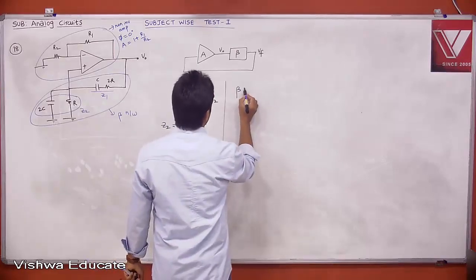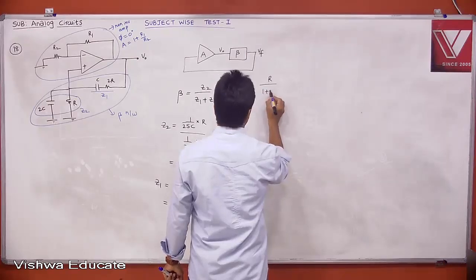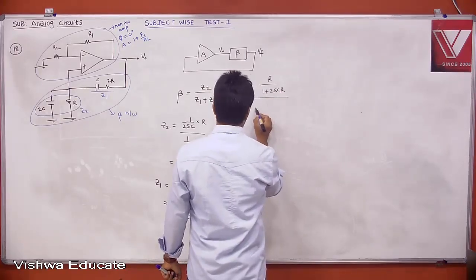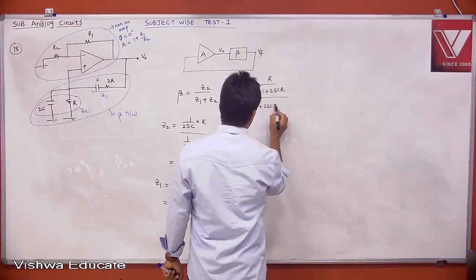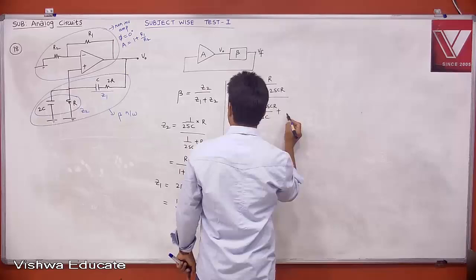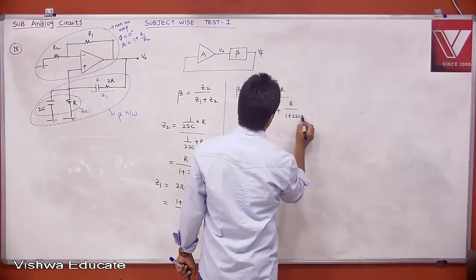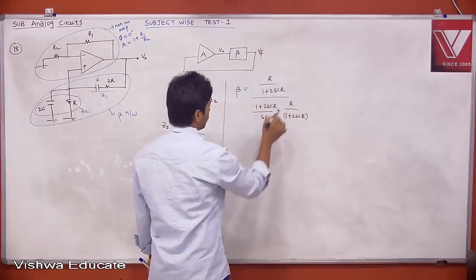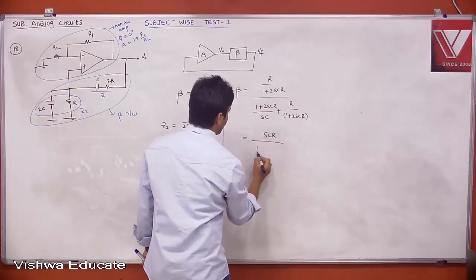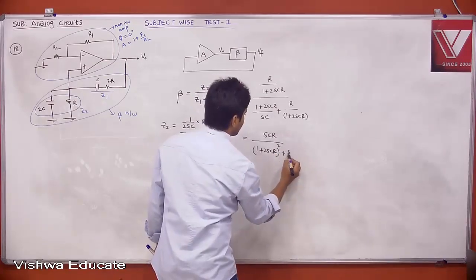What is beta? Beta is nothing but Z2. Z2 is nothing but R divided by (1 plus 2SCR), divided by Z1, which is (1 plus 2SCR) divided by SC, plus Z2, which is R divided by (1 plus 2SCR). If you do the LCM, then (1 plus 2SCR) will be cancelled. This SC will go there. Therefore, SCR divided by (1 plus 2SCR) whole square plus SCR.